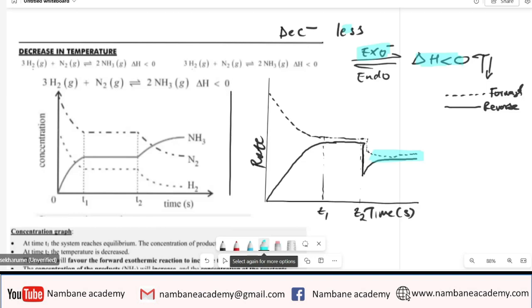Decreasing temperature, we are going to favor the forward reaction, because the forward reaction is an exothermic reaction. Okay, I hope we're still together there.